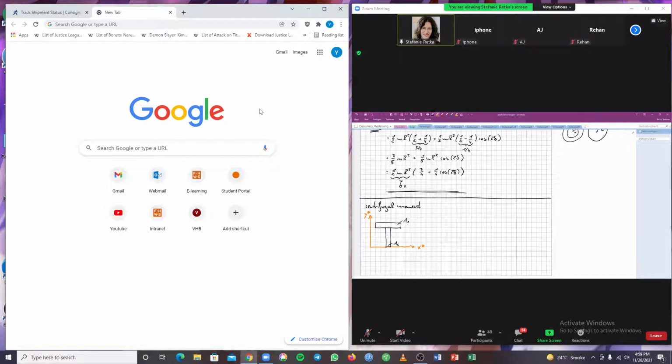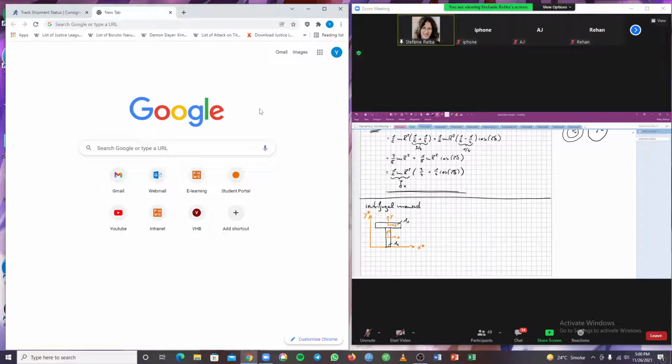Now, we do know the position of our coordinate system for the main axis. It would be these.